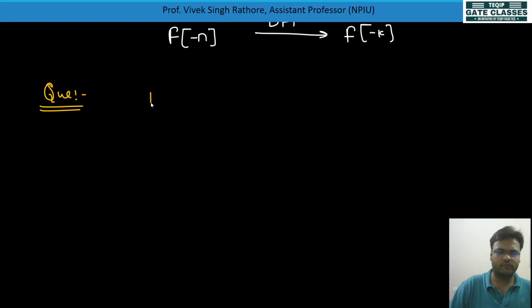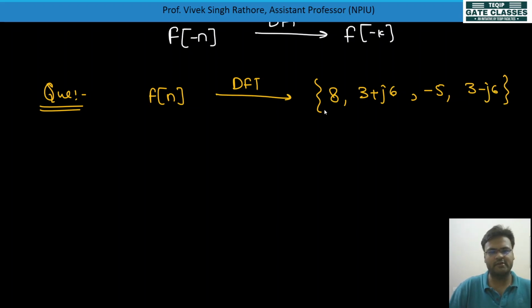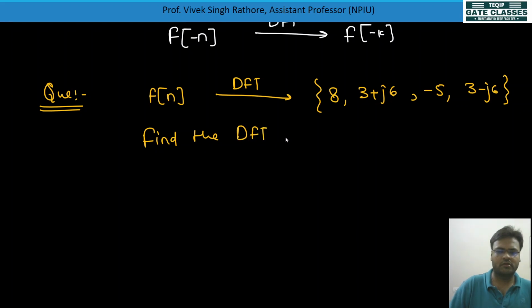Let's suppose one signal f of n is there, its DFT value is 8, 3 plus j6, minus 5 and 3 minus j6. You have been asked to find the DFT of f of minus n.